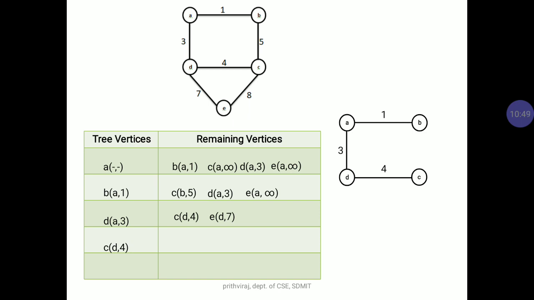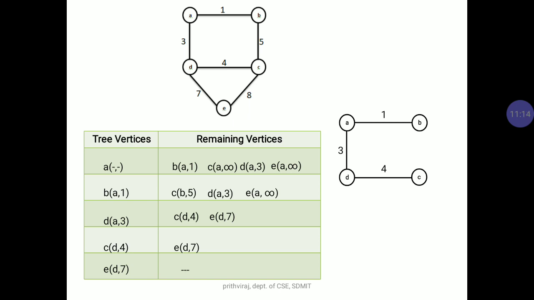So compare two weights 7 and 8. 7 is the smallest one, so we can take it as E of D comma 7. Only one vertex is remaining, so E of D comma 7 itself is the smallest one, so we can take it as a next vertex.